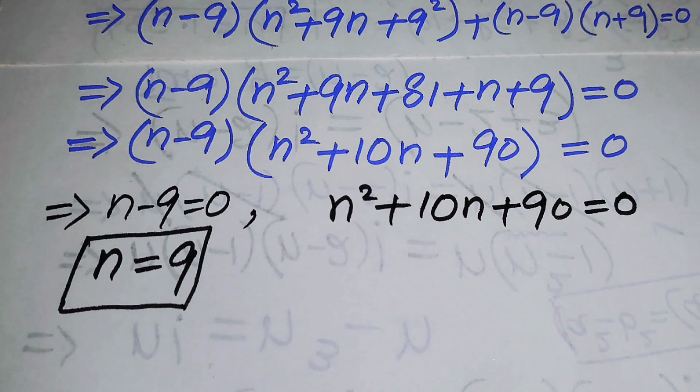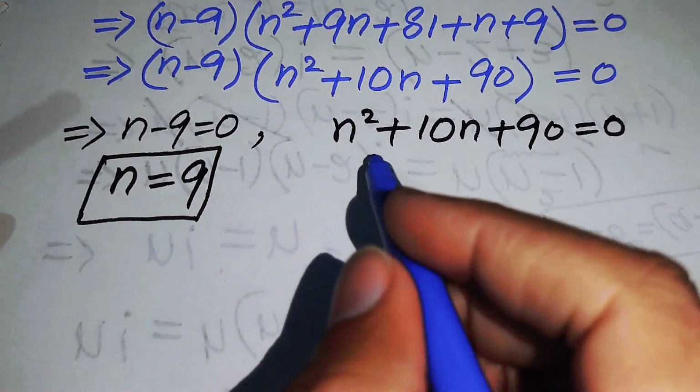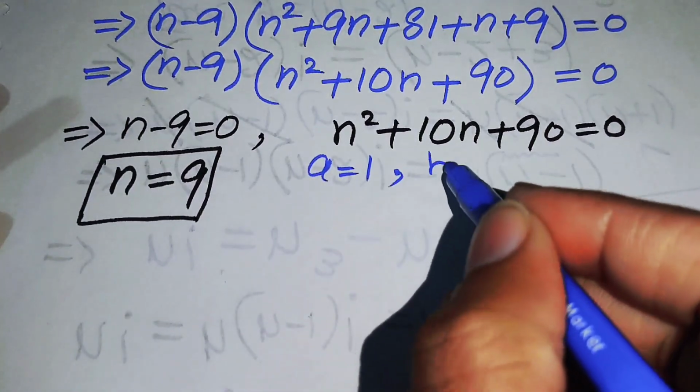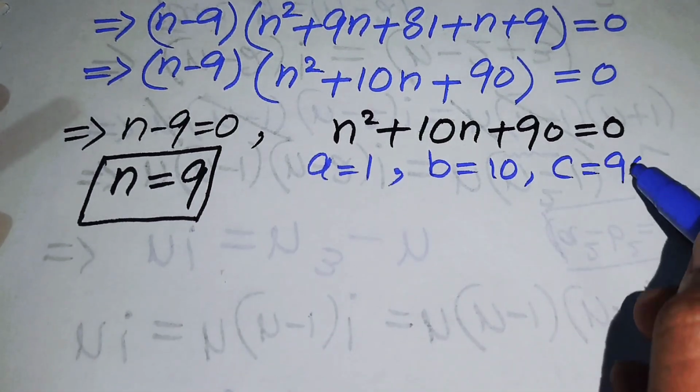So now we focus on this quadratic equation, and here we use the quadratic formula in order to solve it. First we write the coefficients of this term, and we have a equals 1, b equals 10, and c equals 90.